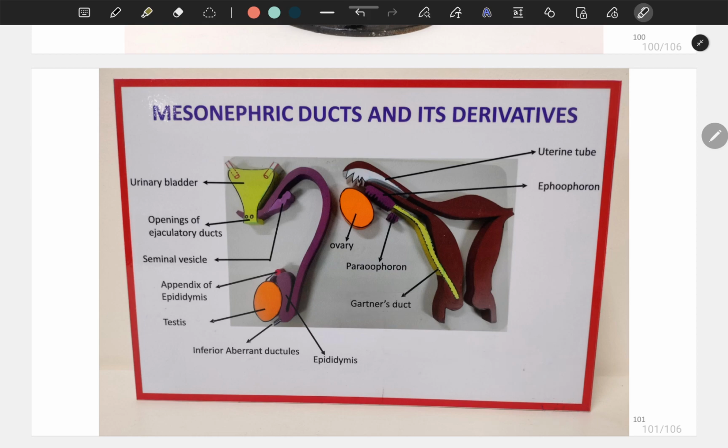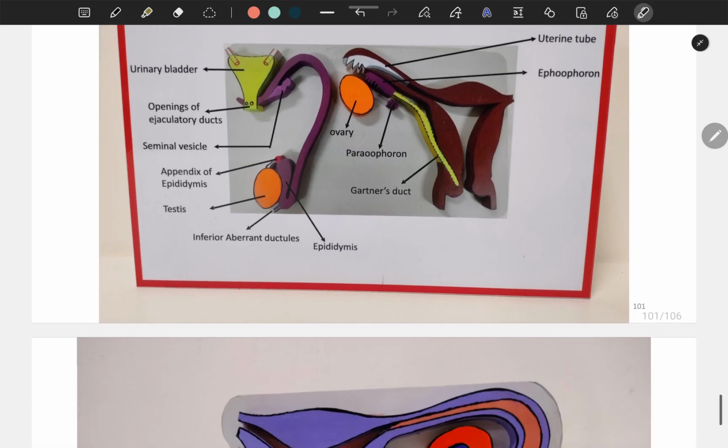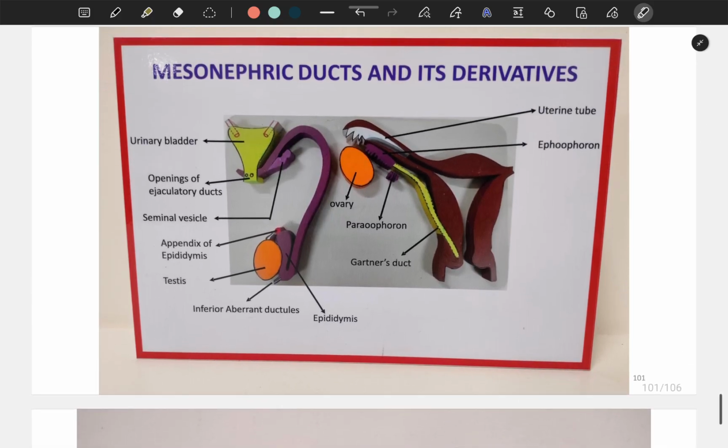Okay, this is the epoophoron. From the epoophoron there is a duct coming, that is called Gartner's duct, and below the epoophoron there is the paroophoron. This is the ovary. This is the fallopian tube. Okay, these are the derivatives.